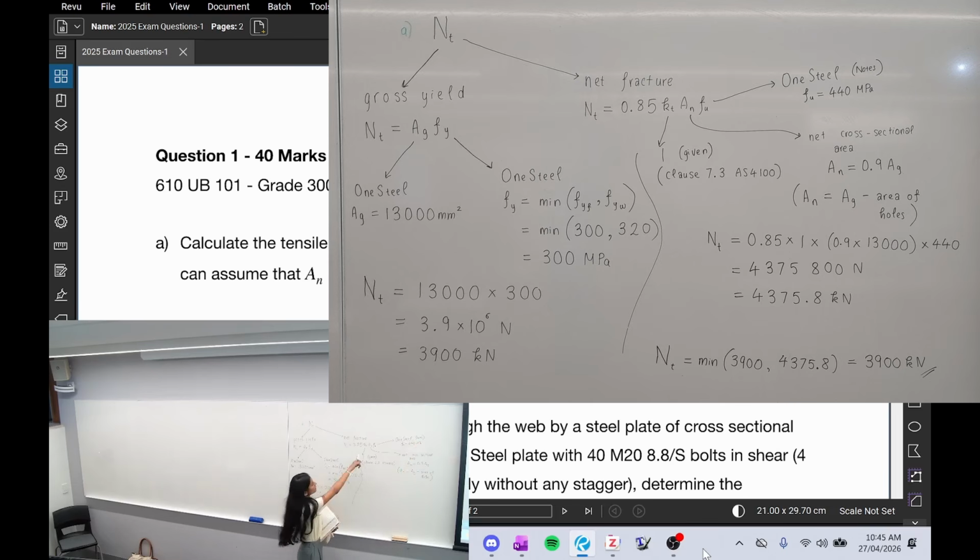So now we have everything we need for this formula. We can just put it all together. So our net fracture strength will be 0.85 times KT, the reduction factor, and times your net cross-sectional area, which is going to be 0.9 times AG, which we found before.